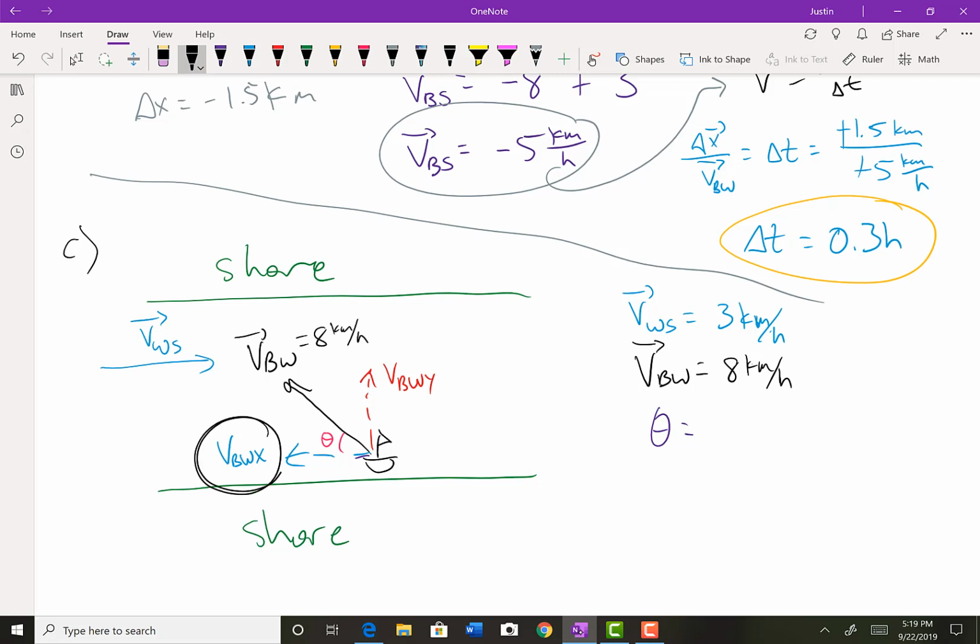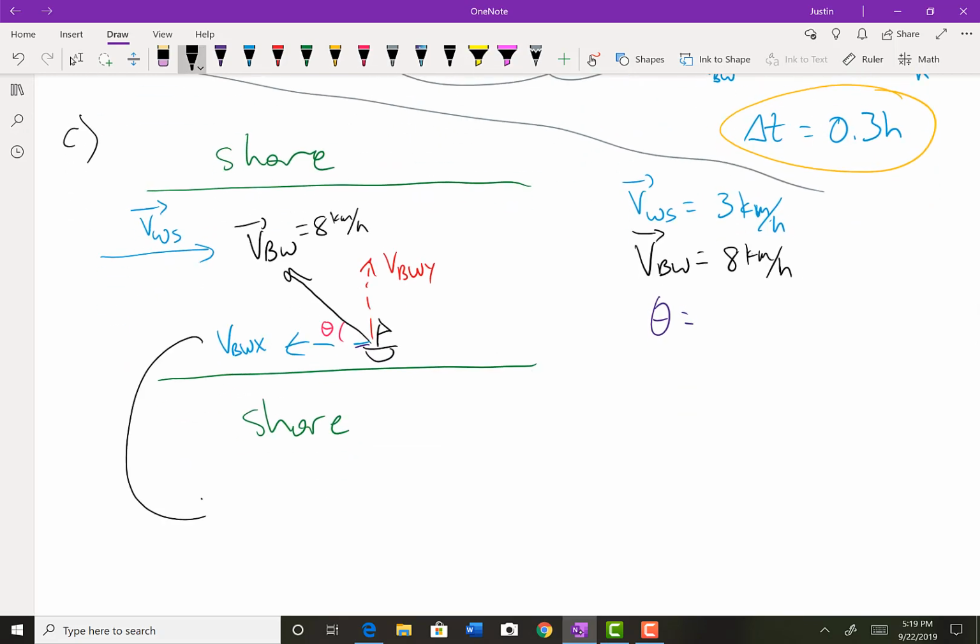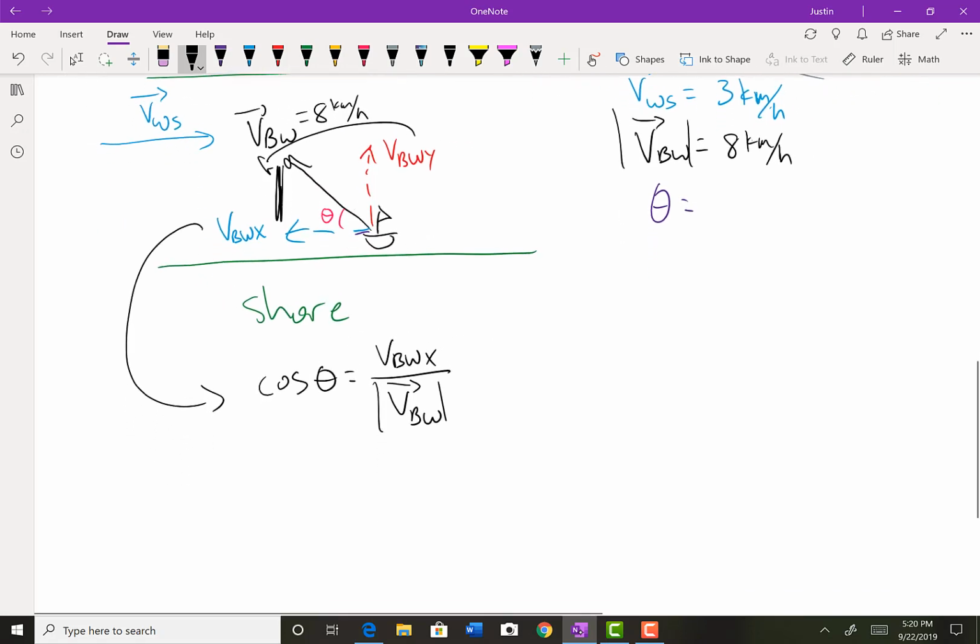So I'm looking for, let's write VBWX, so I can use trig here, and if I had my VBY over there, I can use trig and basically say, well, cosine of my angle is going to give me VBWX over the magnitude of my velocity VBW. And because there's multiple directions, let's just say the magnitude. And so multiply both sides by VBW. So the magnitude of VBW times cosine of my angle.